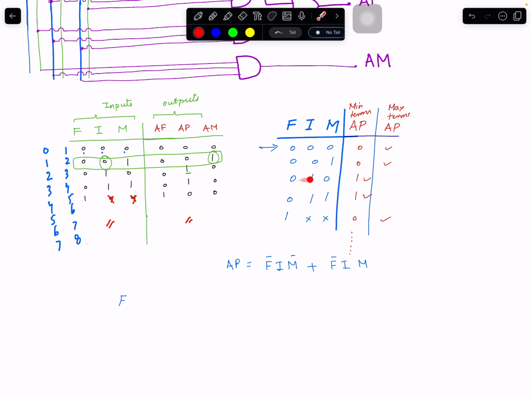If one of them is 0, output will be 0. So if you want to write in terms of AND and want to make the output of AND 1, then you have to invert these in such a way that when F comes as 0, F dash becomes 1. M becomes 0, sorry, M dash becomes 1, F prime or F complement becomes 1.